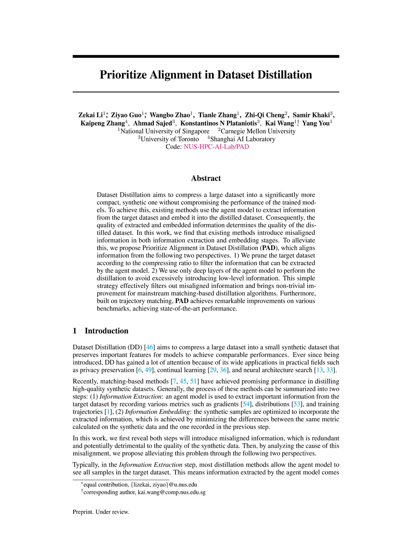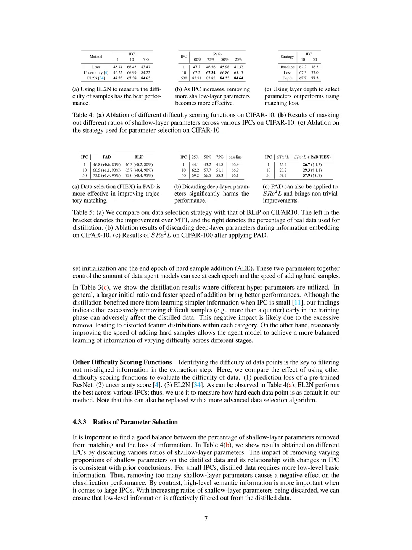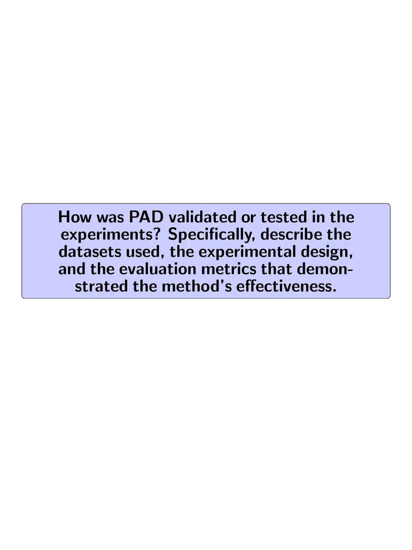Additionally, the filtering mechanisms in PAD not only enhance the quality of the distilled data, but also contribute to computational efficiency by reducing the amount of redundant low-level information processed during distillation, thus streamlining the training process. Overall, PAD's alignment strategy effectively improves both the performance and efficiency of dataset distillation, making it a robust advancement in the field.